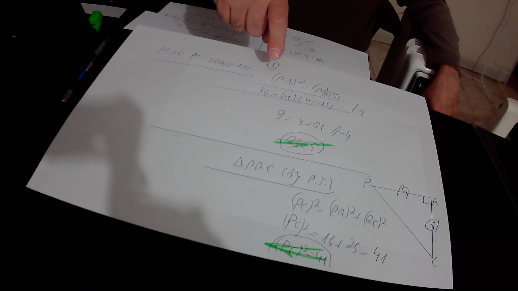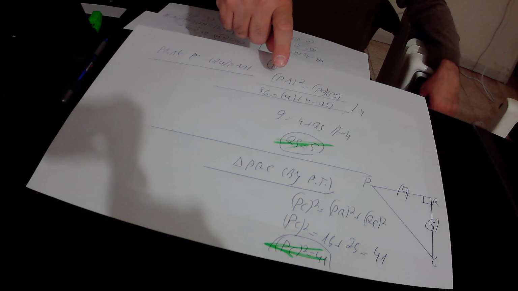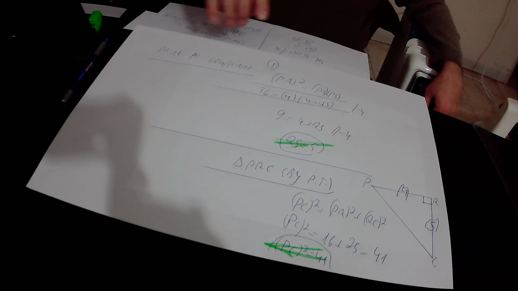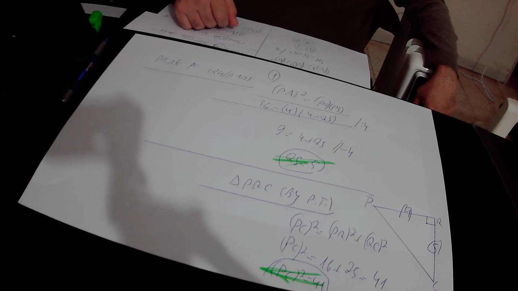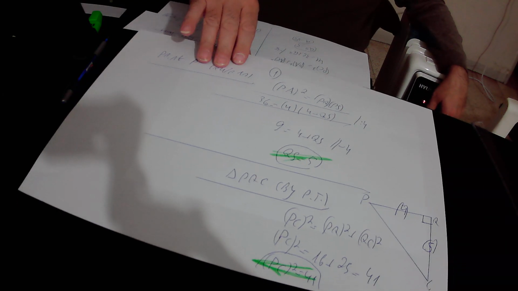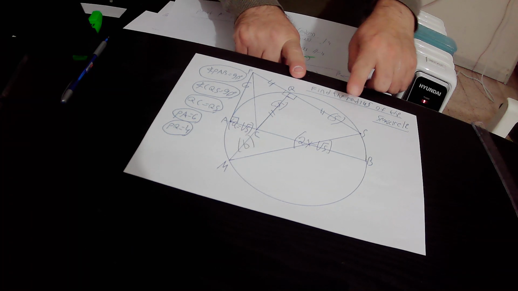Here we divided this equation by 4, and found that 36 over 4 is 9, so 9 equals 4 plus QS. Then we subtracted 4 and found that QS equals 9 minus 4, that is 5. So QS equals 5 units in length.